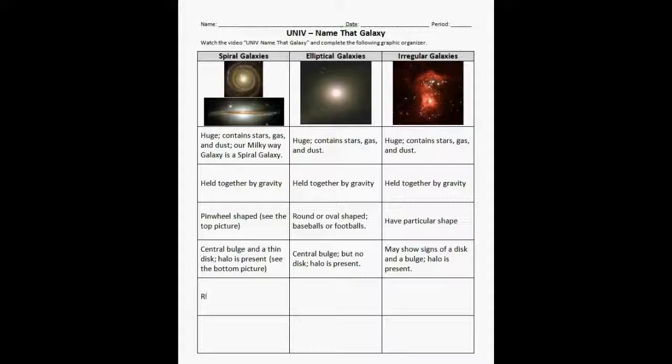A spiral galaxy is rich in dust and gas, and as you know, that's what's needed to form new stars. An elliptical galaxy has a little bit of cooler gas and a little bit of dust.